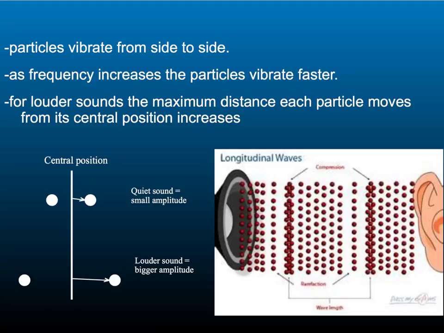They vibrate further in each direction. So if this is a central position and the particle vibrates side to side from that 0 point, if the sound is louder, then the particle will vibrate a greater distance from that central position.